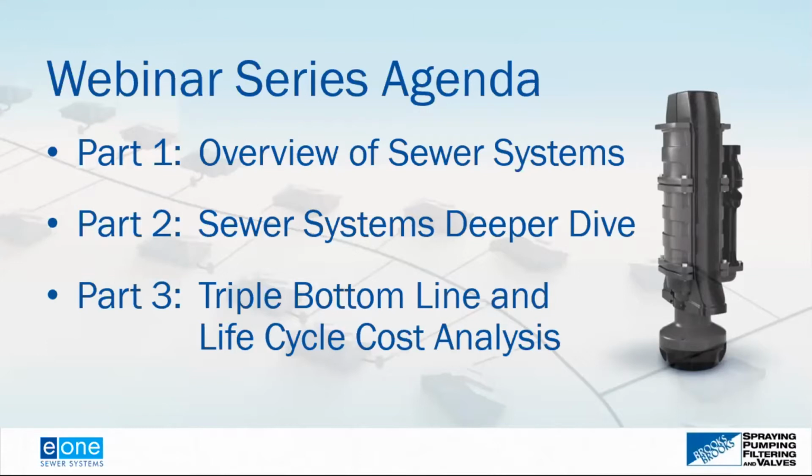Now, in part three, we're going to be looking at triple bottom line and life cycle cost analysis. Triple bottom line, which I will go into in more detail as we proceed, is when you're looking at more than just the economic cost. You're looking at the social cost as well as the environmental. So your triple bottom line is your environmental cost, your social cost, and your economic cost, the big one being the economic cost.